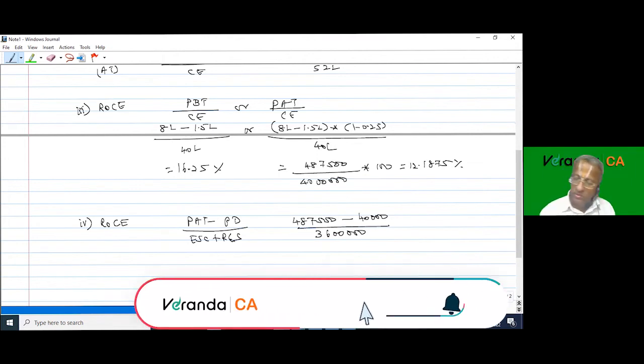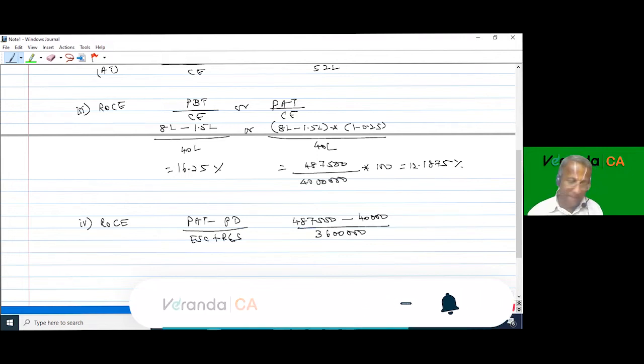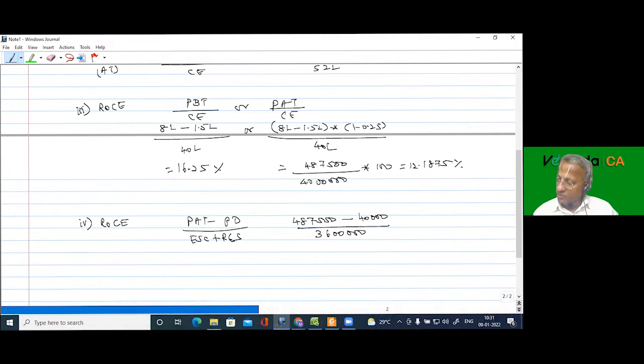So it comes like that. 4,87,500 minus 40,000 divided by 36 lakhs. So that comes to 12.43%. We will provide based on the assumption.